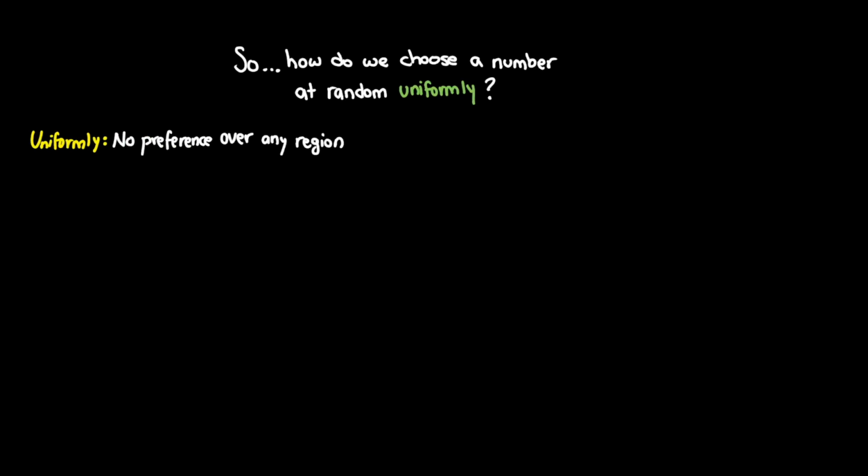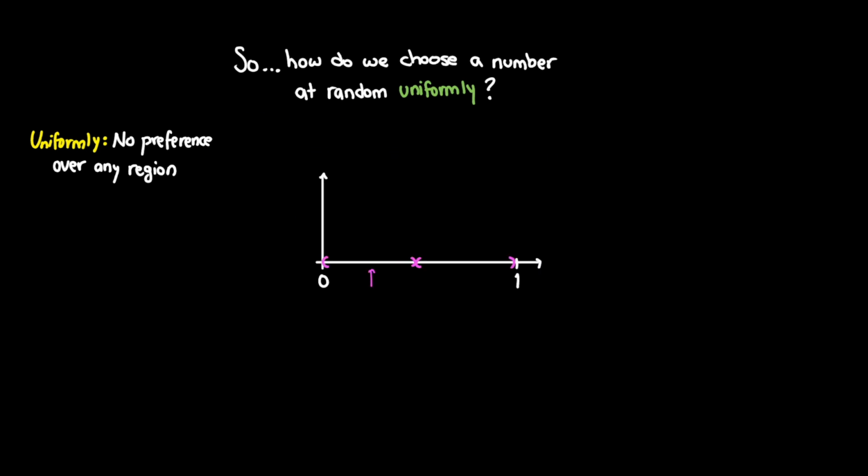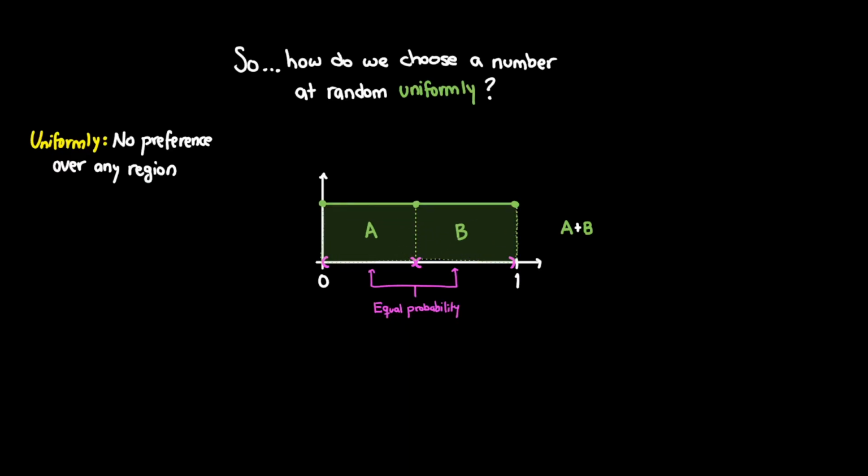With this in mind, we can now properly define the notion of choosing a number uniformly on the interval 0, 1. We understand the idea of uniformity as having no preference over any section of the interval. This implies that any two subintervals of similar length will have the same probability of containing the value. If we divide the interval in subintervals of equal length, all must take the same value for them to have equal probability.